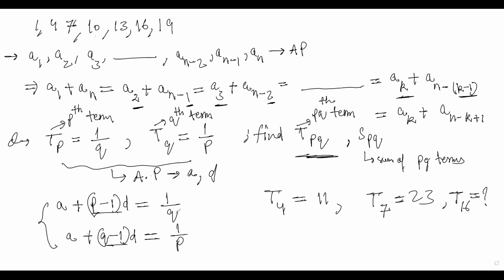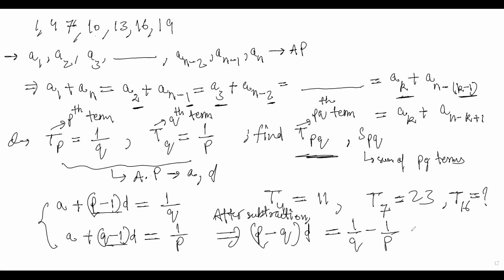What it will become is (P minus Q) into D, which is equal to 1 by Q minus 1 by P. If you solve this, it becomes (P minus Q) upon PQ. (P minus Q) will get cancelled out, so D will become 1 upon PQ.